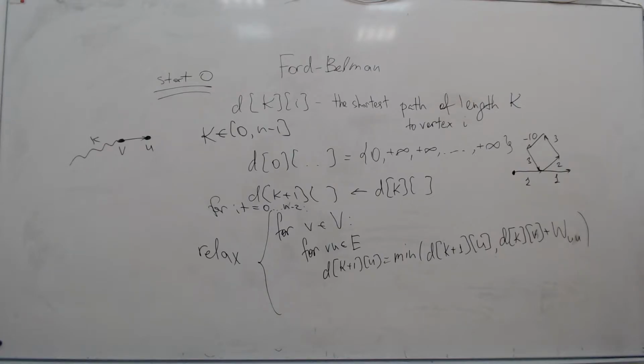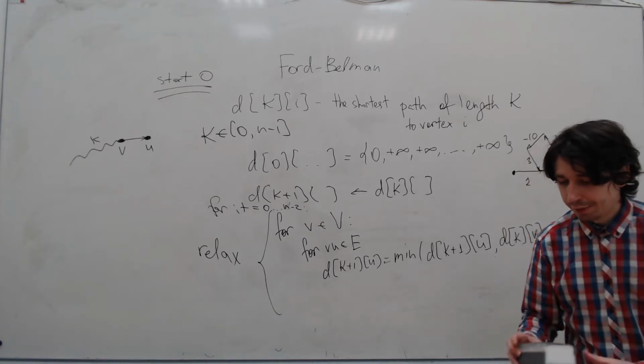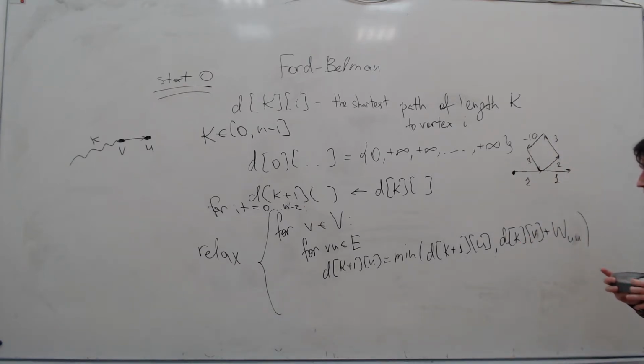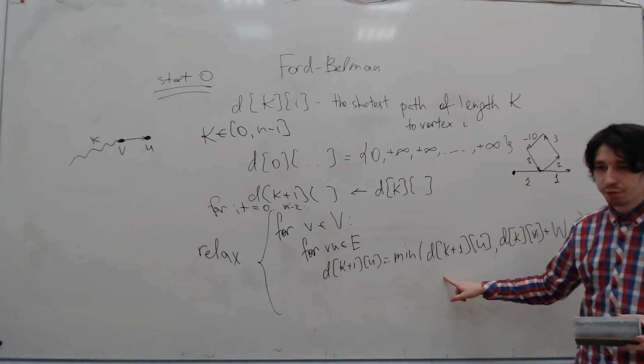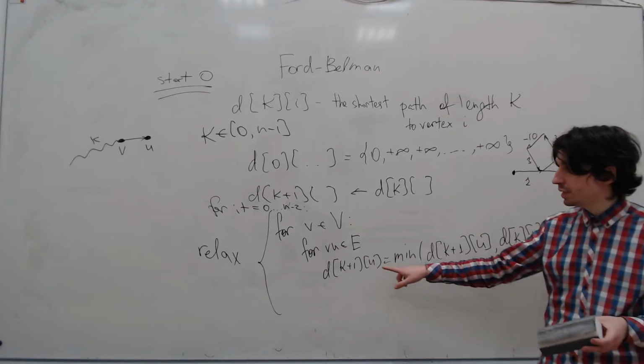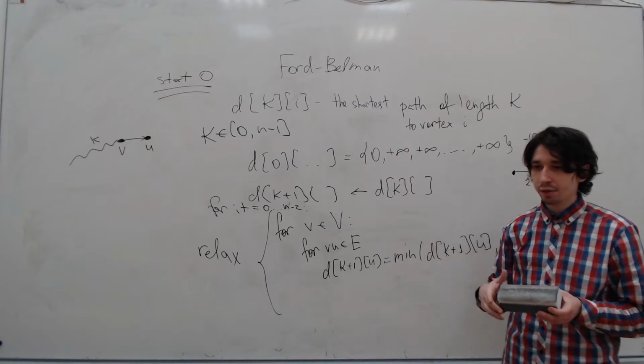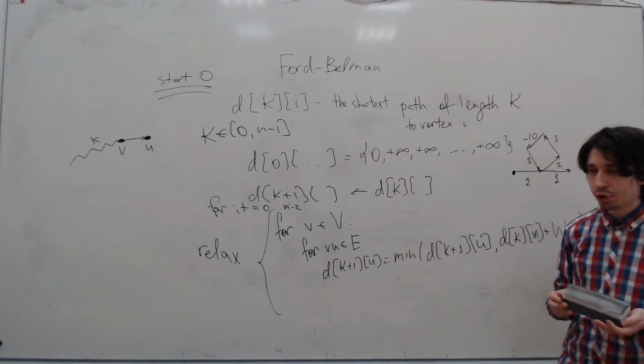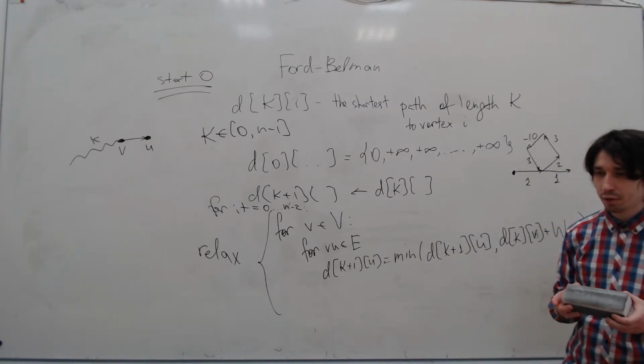Okay. By the way, please tell me how to get the answer to the problem from this. So we calculated d k i. So how to find the shortest path to i?